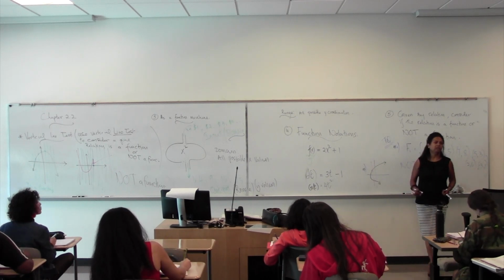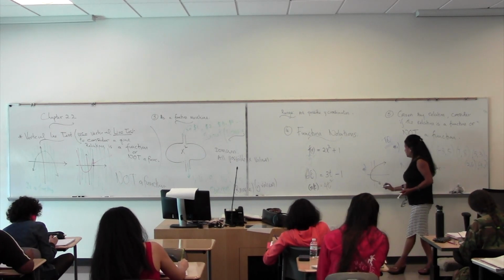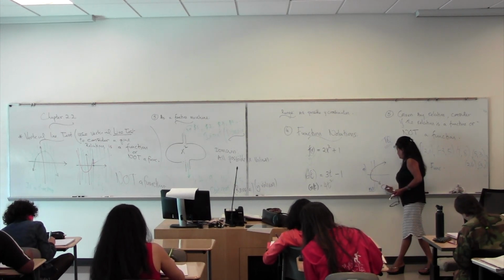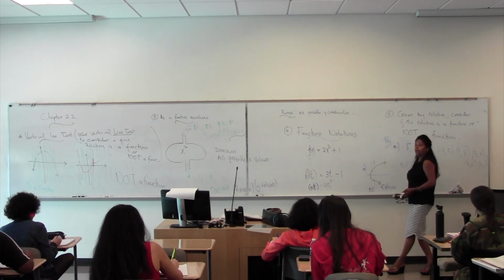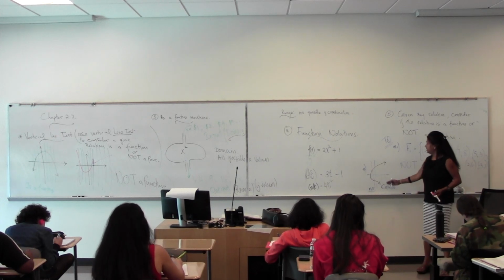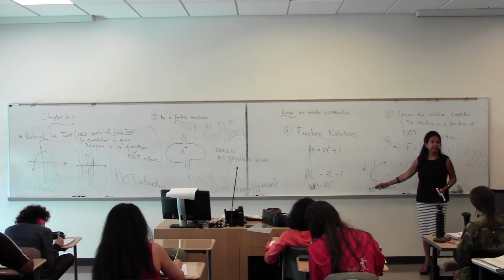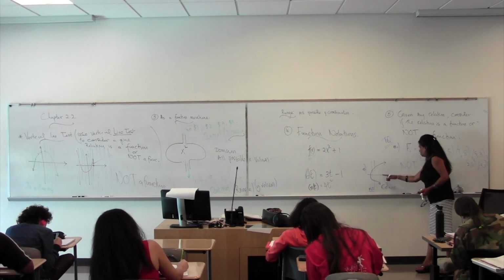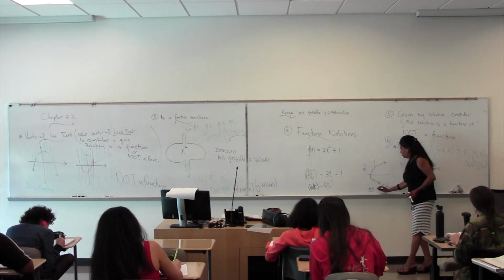So the answer is no, explain why. How do you explain? There is a vertical line that crosses the graph more than once. So what's the answer? Not a function.